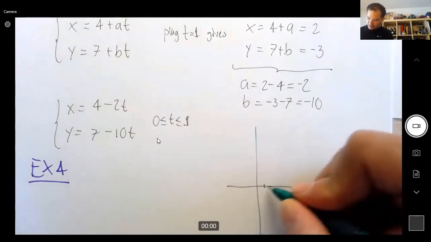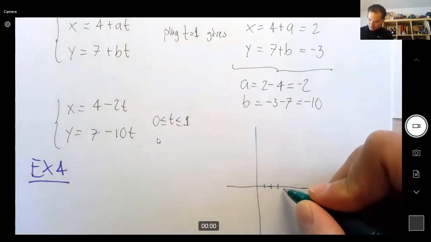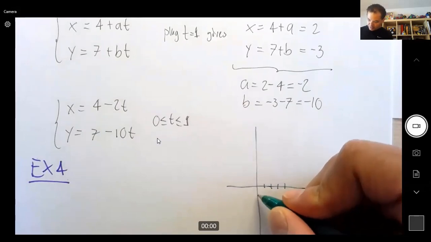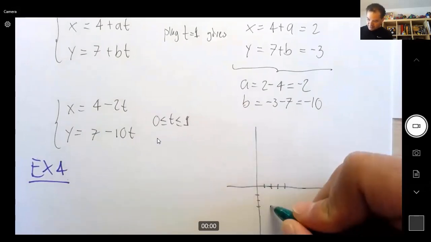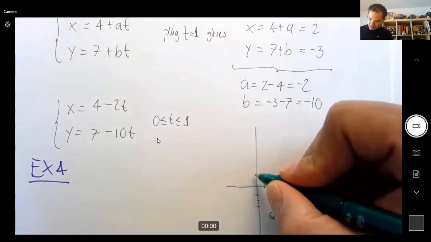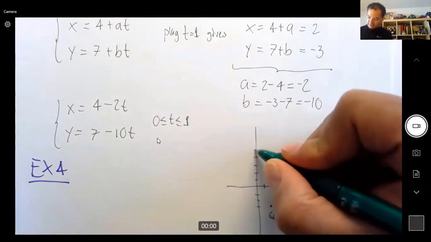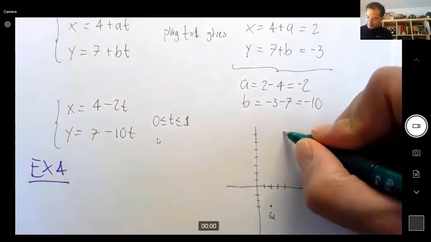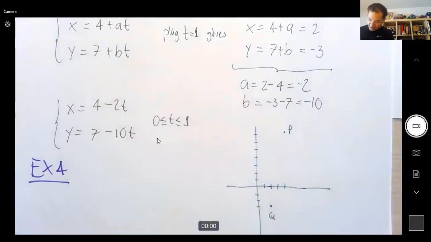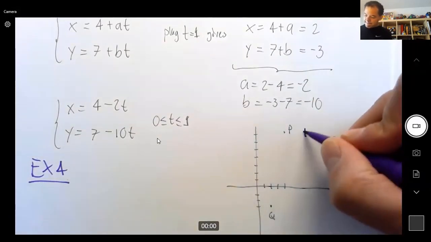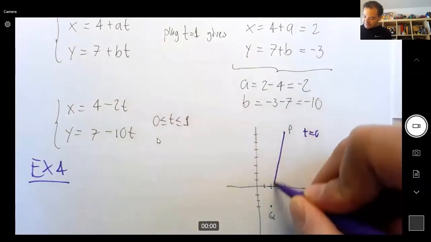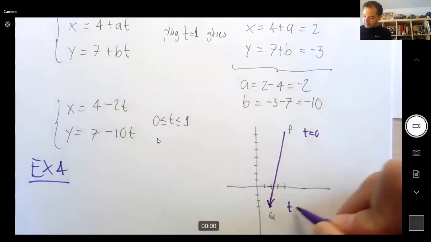So this is still Q, and here's P. This one starts right here at P, and then after 1 second, we are at Q.